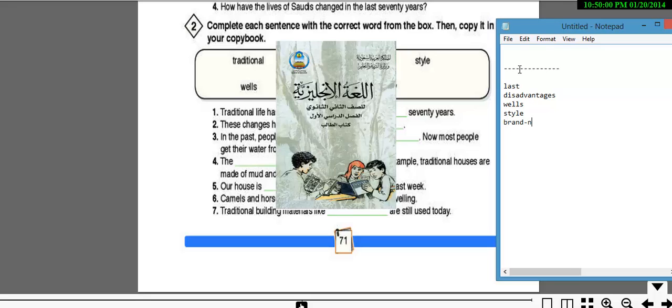Camels are traditional ways of traveling. And then traditional building materials like mud are still used today.